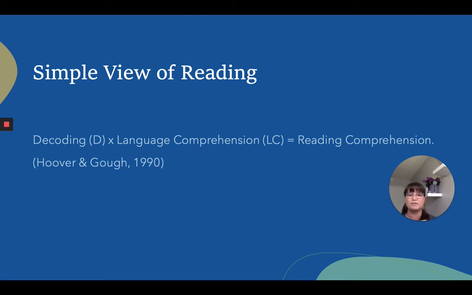If either of those two parts of the equation are low, it's going to affect the end, which is reading comprehension, right? From a mathematical standpoint, 0 times 1 is 0, right? So we have to make sure that students' language comprehension is strong and that their decoding is strong in order to have strong reading comprehension.